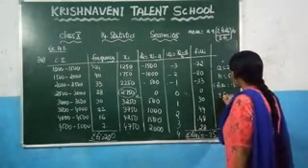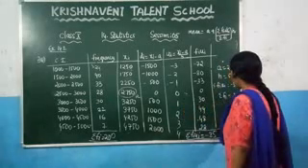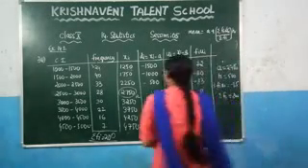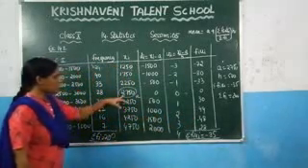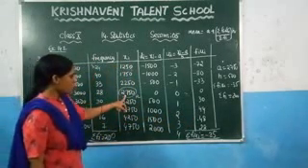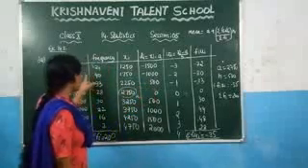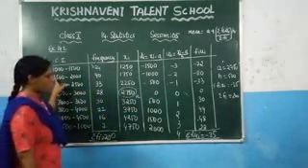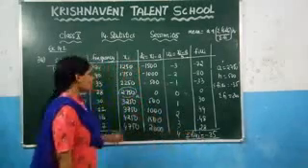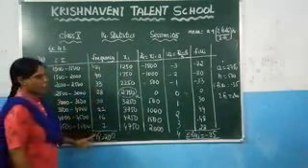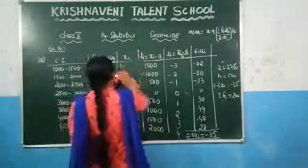And what is sigma fi, which we got as 200. I have noted all these values here: the value of A is 2750, the value of h is the difference, which is 500, sigma fi ui is minus 35, and sigma fi is 200.